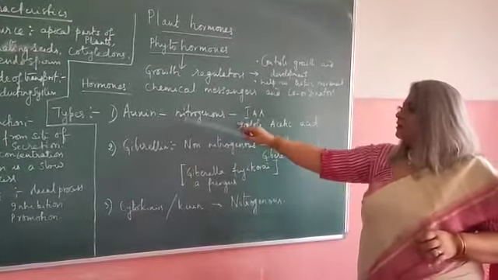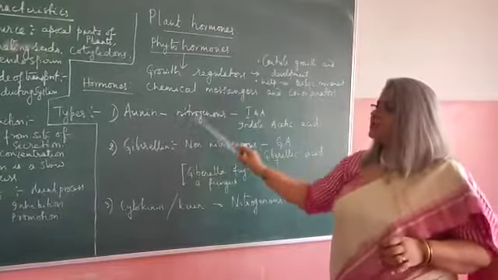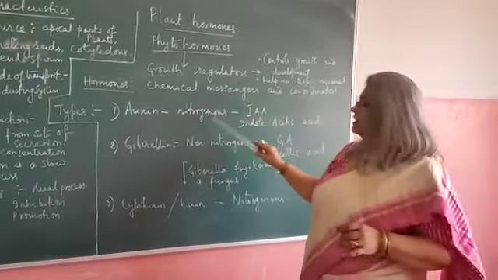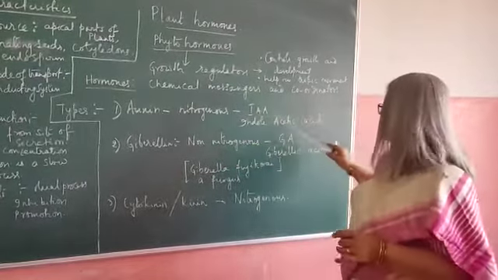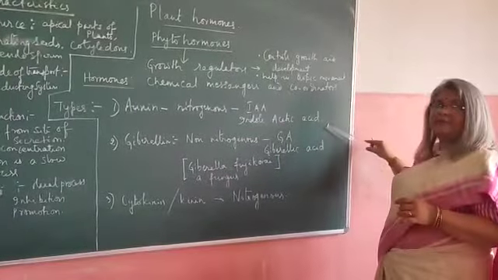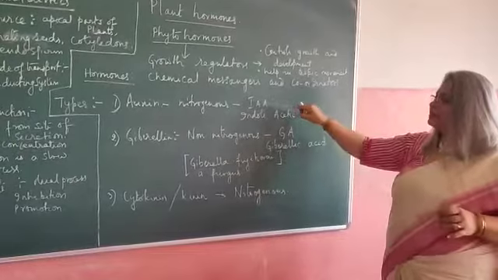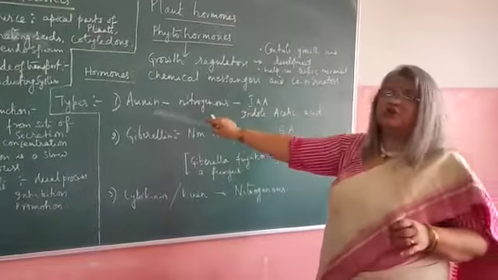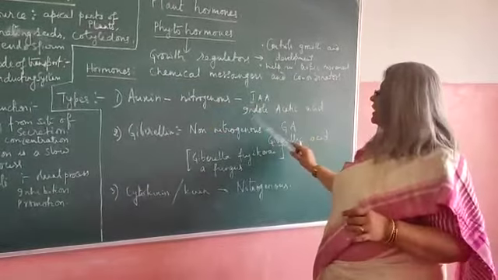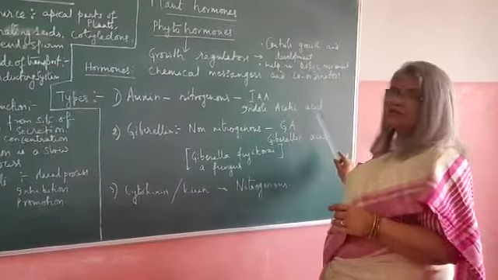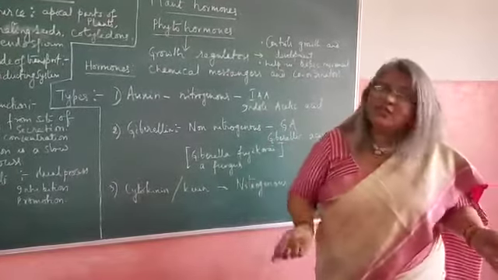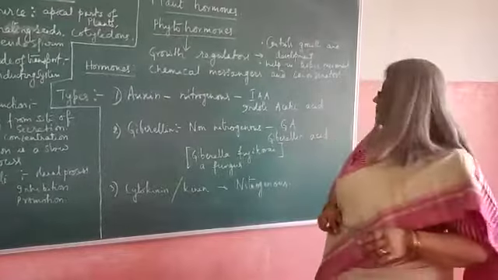The chemical nature of auxin is nitrogenous and also acidic. Why? Because the chemical with which it is composed is called indole acetic acid, which is very closely related to chemistry.